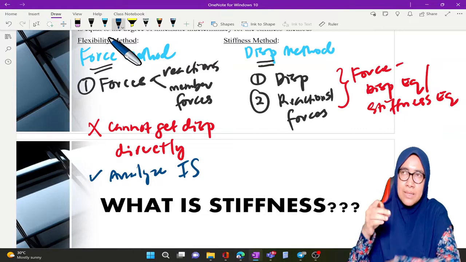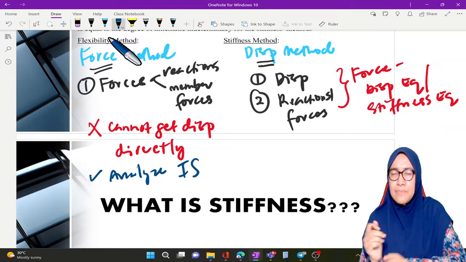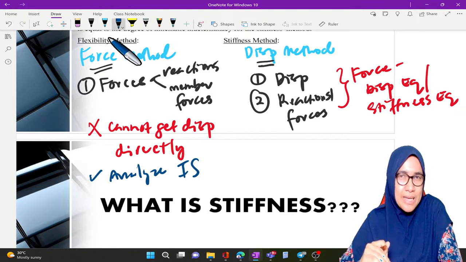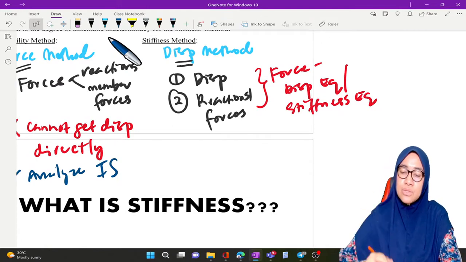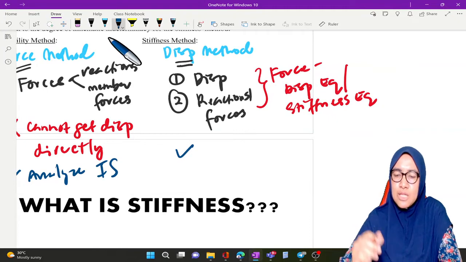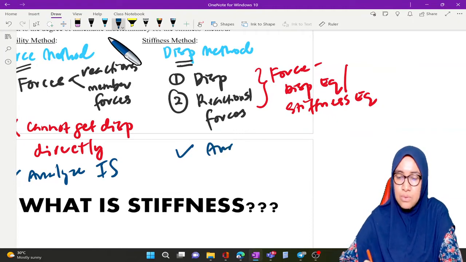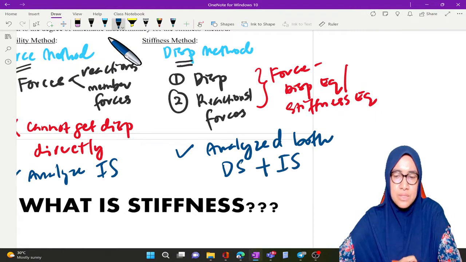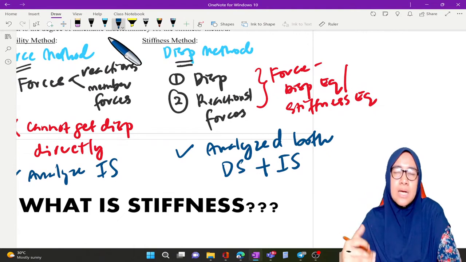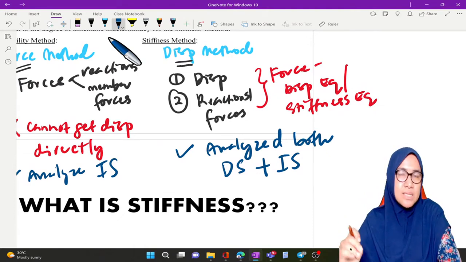That is why the flexibility method takes place. But another advantage of the stiffness method is that we can use it to analyze both determinate and indeterminate structures. So these are some of the advantages of the stiffness method compared to the flexibility method.